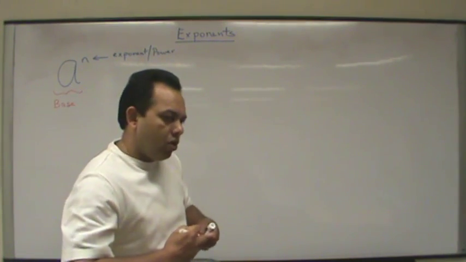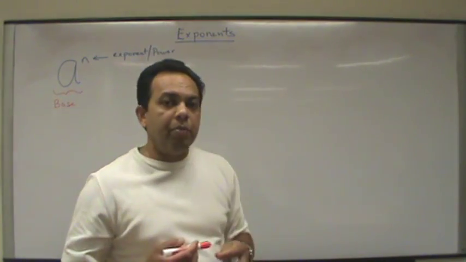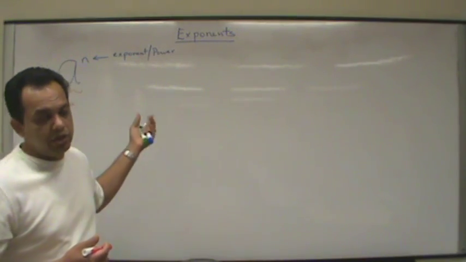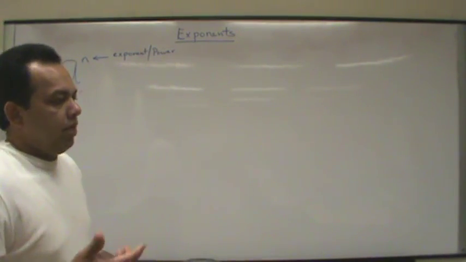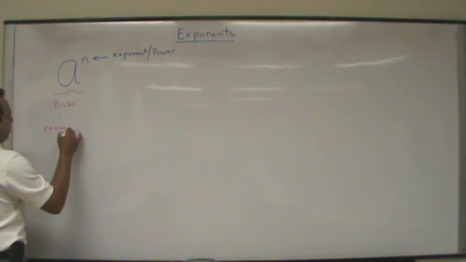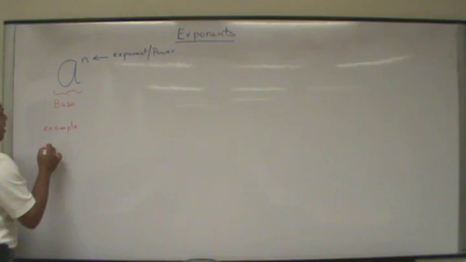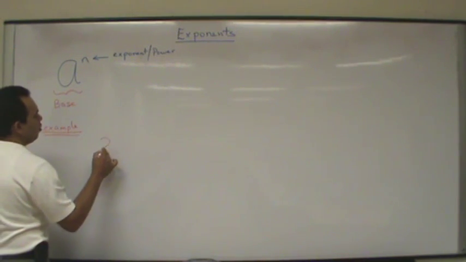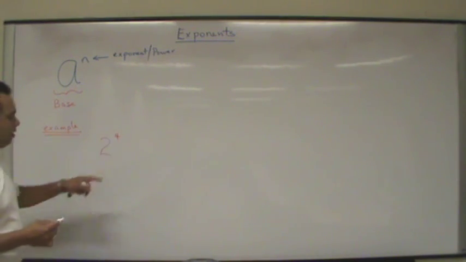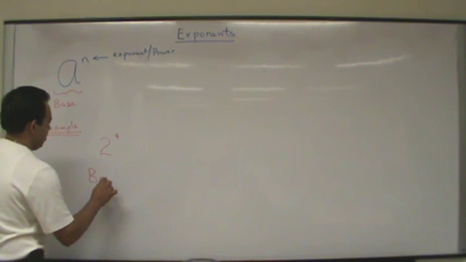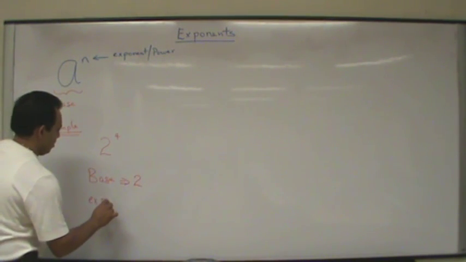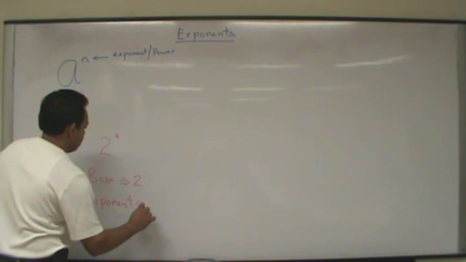Now I'm recapping this because when we start looking at properties of exponents, I'll be referring to the base and the exponents a lot in our discussion here. So, for example, if I have 2 raised to the 4th power, or 4th exponent, the base here is 2, and the exponent is 4.